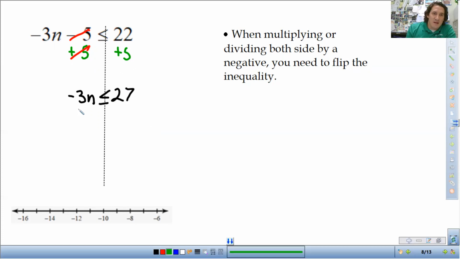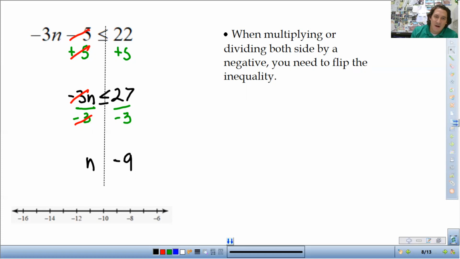Then to eliminate the -3 there, I need to divide both sides by -3. So -3 divided by -3 cancels out, and then I get n. 27 divided by -3 is going to be -9.